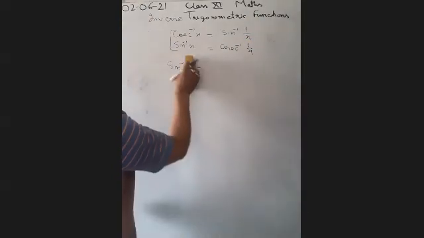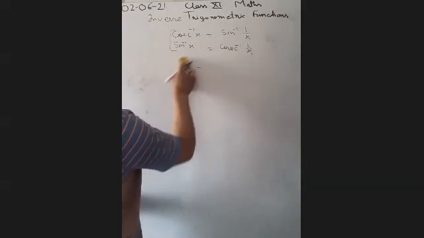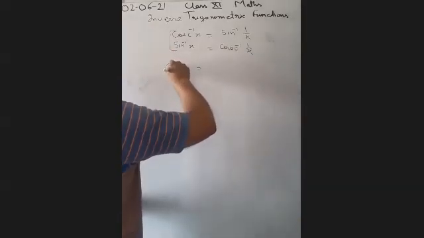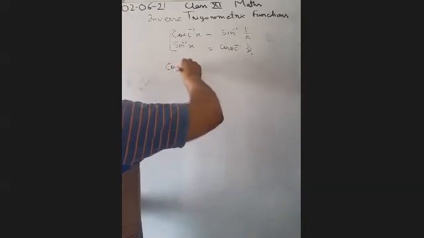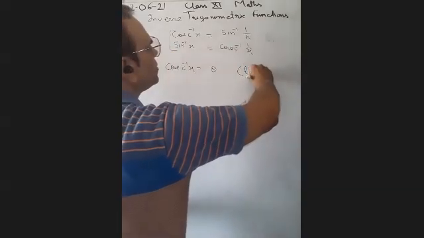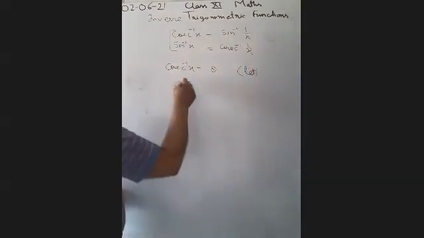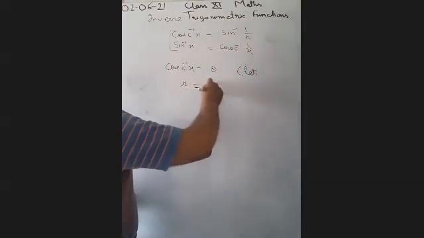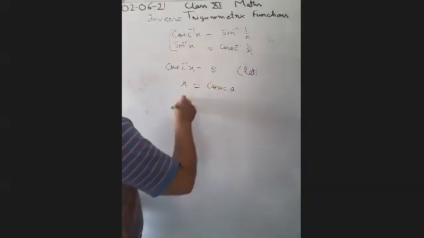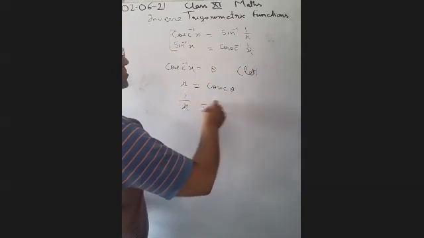Suppose cosec inverse x is equal to theta. So x is equal to cosec theta, and 1 upon x is equal to sin theta.